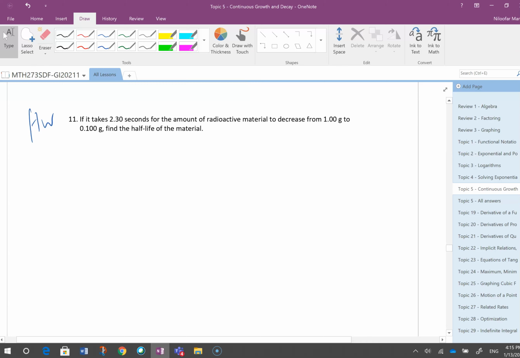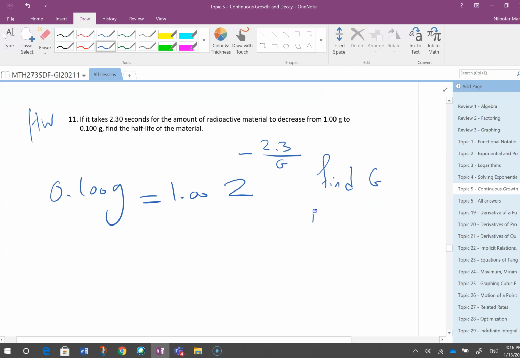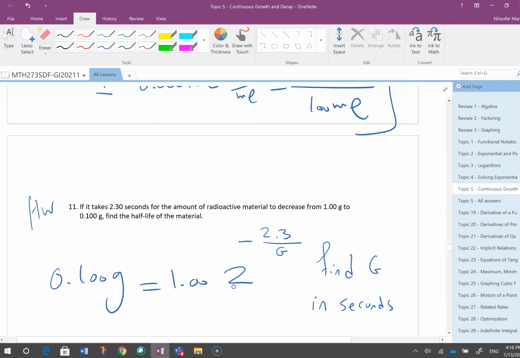So this equals 2 power minus 2.3 over g, and find the answer. So from here it is topic 4, find g, which is in seconds, because the time is in seconds as well. Then write the sentence: the half-life for this process from this to this is this many seconds.